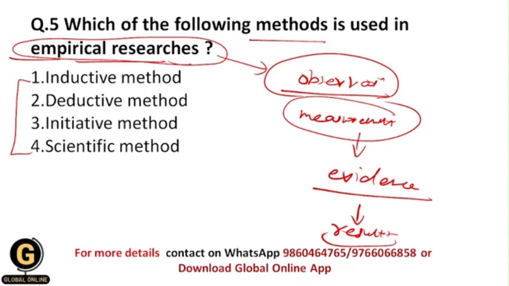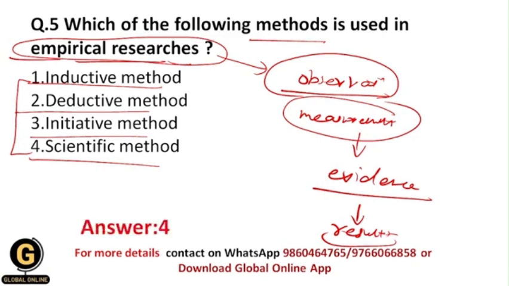Okay, so whether we use the inductive method over here, or the deductive method, or the intuitive method, or the scientific method, obviously students, the correct answer to this question is 4, that is the scientific method.